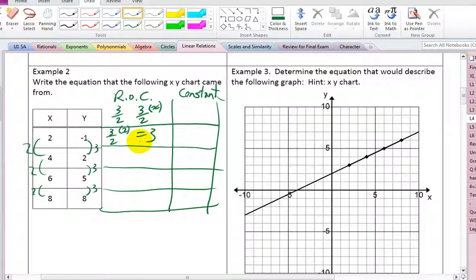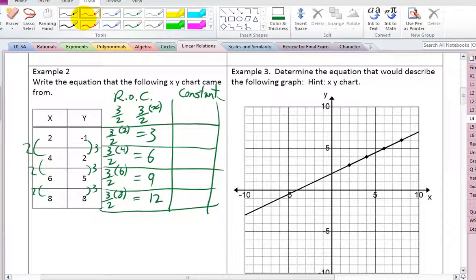So 3. 3 over 2 times 4. That's like 12 divided by 2. See how you multiply by the top numbers? 12 divided by 2 is 6. Now, it's better if you know how to cancel, because that's what you do in grade 10. I mean, anyone can multiply a fraction. You just multiply the top numbers together. 12, and then divide by 2 for this one.